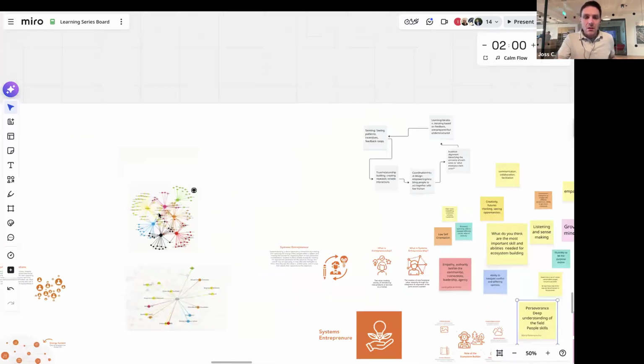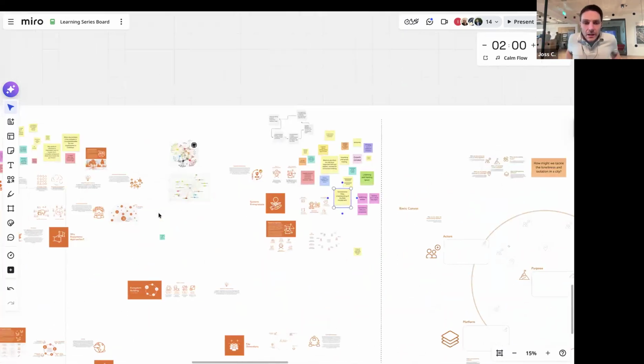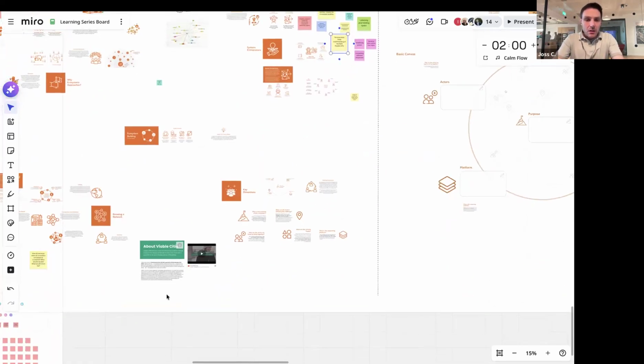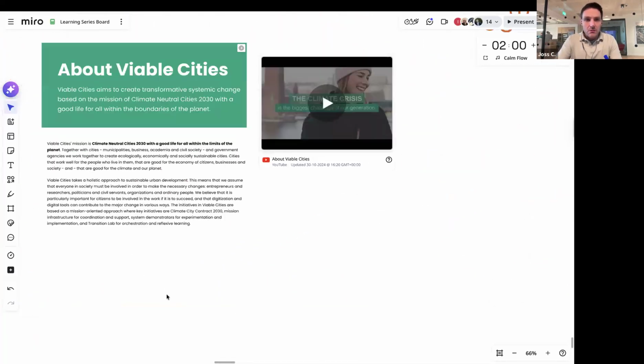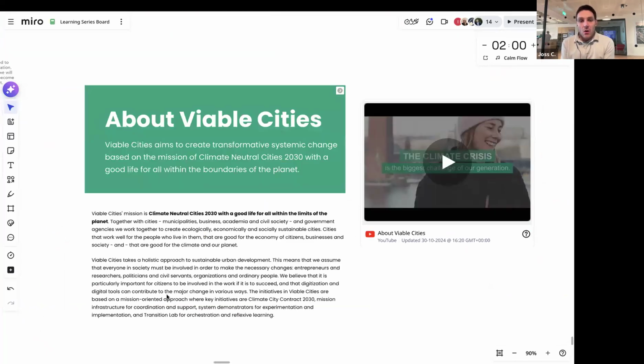Okay, I'm going to keep going. Actually, let's just take a look at a video here of an ecosystem. This is Viable Cities, which is a network, an ecosystem of cities in Sweden who are trying to create climate neutral cities by 2030 with a good life for all within the limits of planetary boundaries. That's their mission.